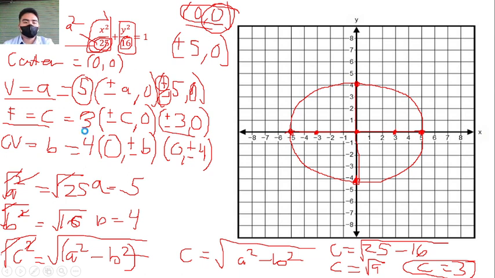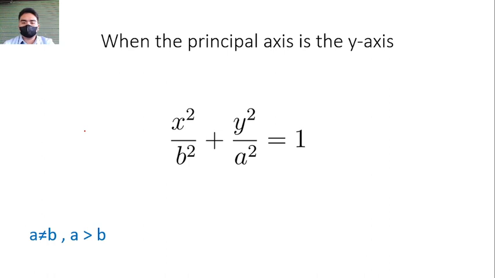Next is when the principal axis is the y-axis. So if you will notice, from the x, your b squared is the co-vertices, and the principal axis is y.